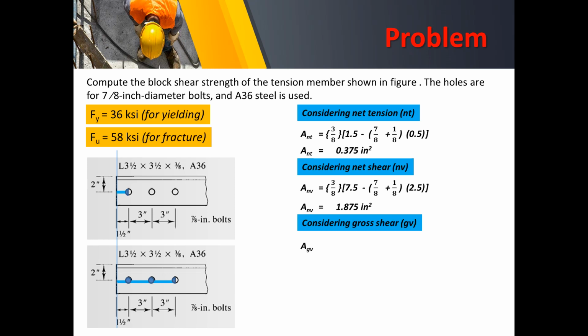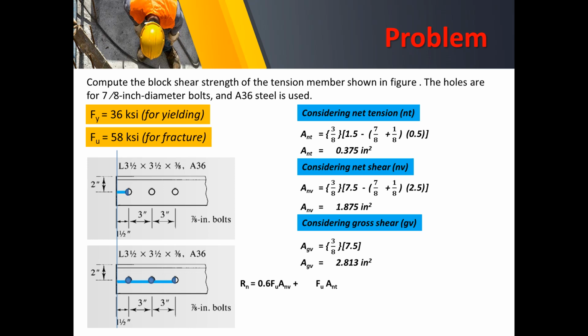So the gross shear area will be equal to 3/8 times 7.5. Notice that we do not deduct any holes, so that is barely the length times the thickness. That will be equal to 2.813 square inches.